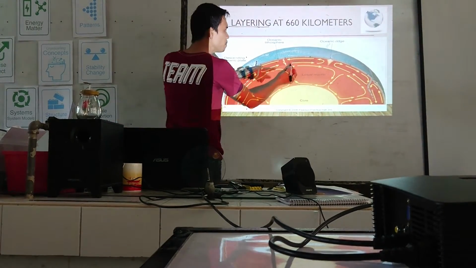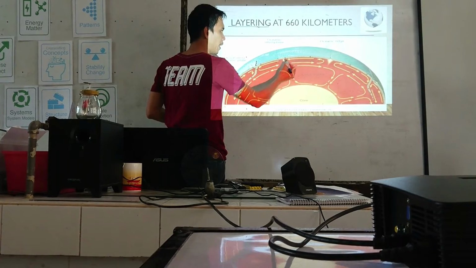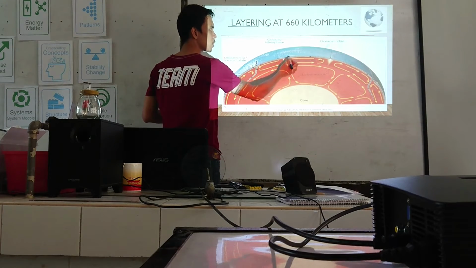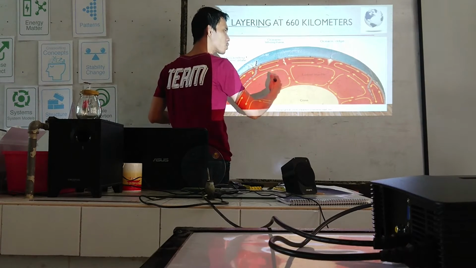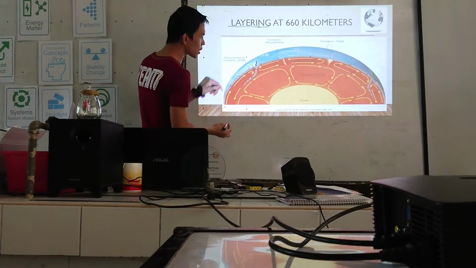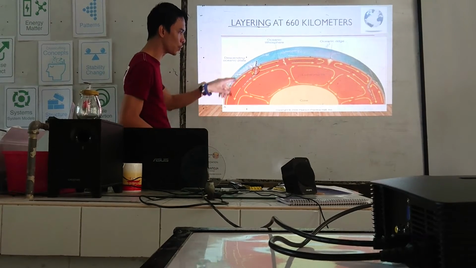For example, take the movement of fluid over here on the upper mantle. As this fluid moves towards this direction, the plate above it will also move towards that direction. Here you can see a subduction zone.